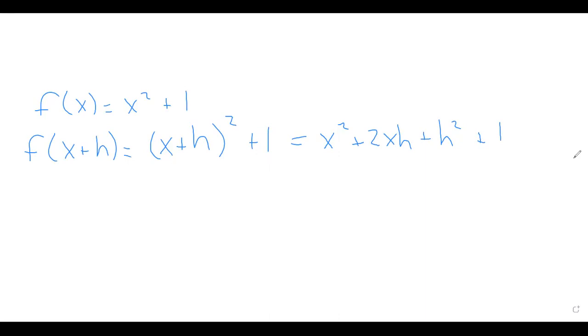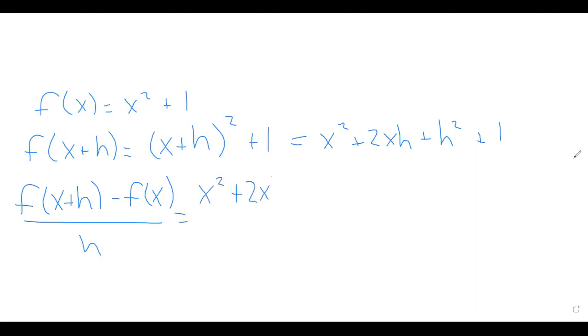Okay, so now our expression is going to be f of x plus h minus f of x all over h. So that is going to equal what we just found, x squared plus 2xh plus h squared plus 1, minus x squared plus 1, all over h.